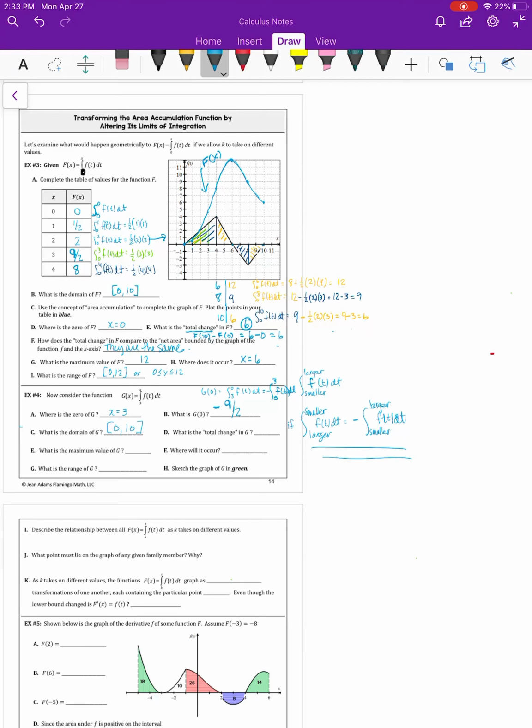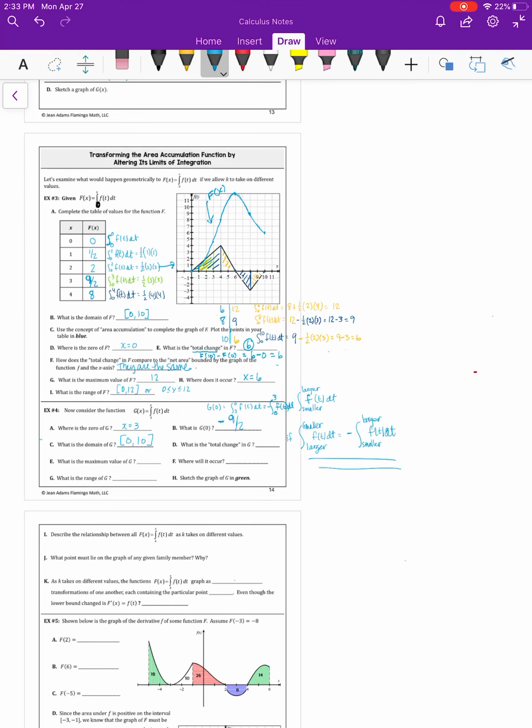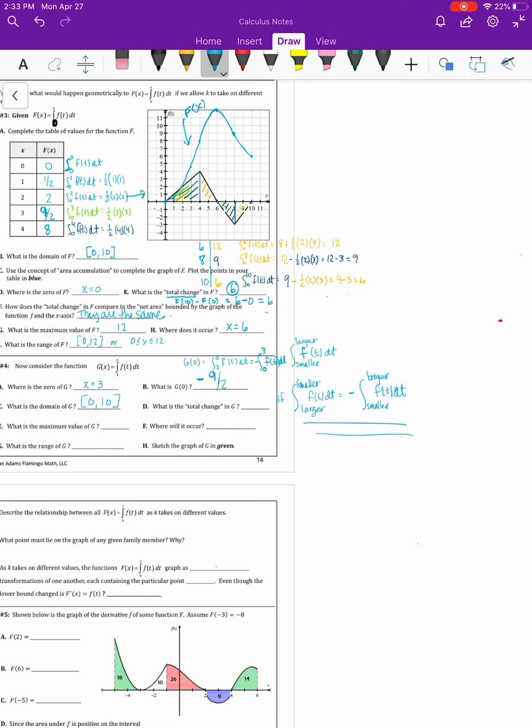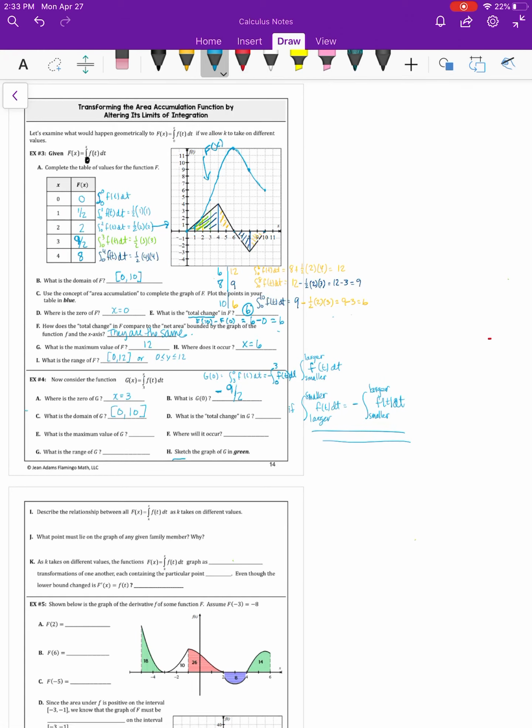What is the total change in g? Well, that's going to be your lowest to highest, right? Because they're going to be asking us to sketch the graph of g, and they didn't really give us a place to do the chart, what I would like to do is have you somewhere fit in a g chart where you've got your x value and your g of x value so that we can plot these points.